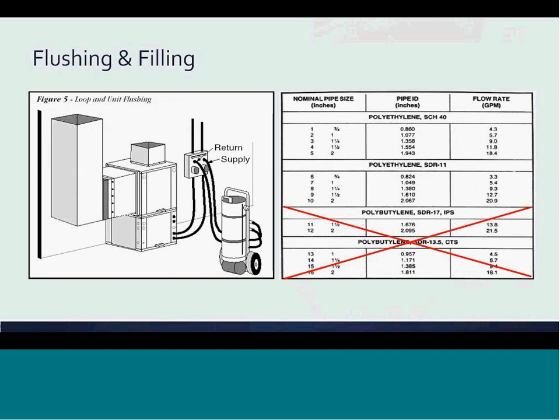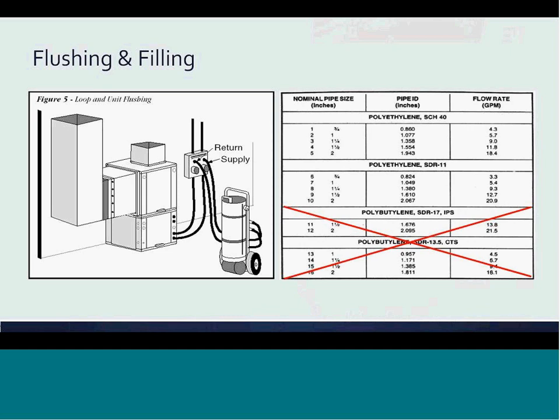Flushing and filling is very important. For small projects, a flush cart may be purchased or assembled. For larger systems, a more customized version of a traditional flush cart with, of course, large water storage and larger pumping horsepower will be required. The goal of flushing is to create a minimum flow velocity of 2 feet per second in each pipe so that any debris from the construction process may be dislodged and removed from the ground loop or from the pipe.